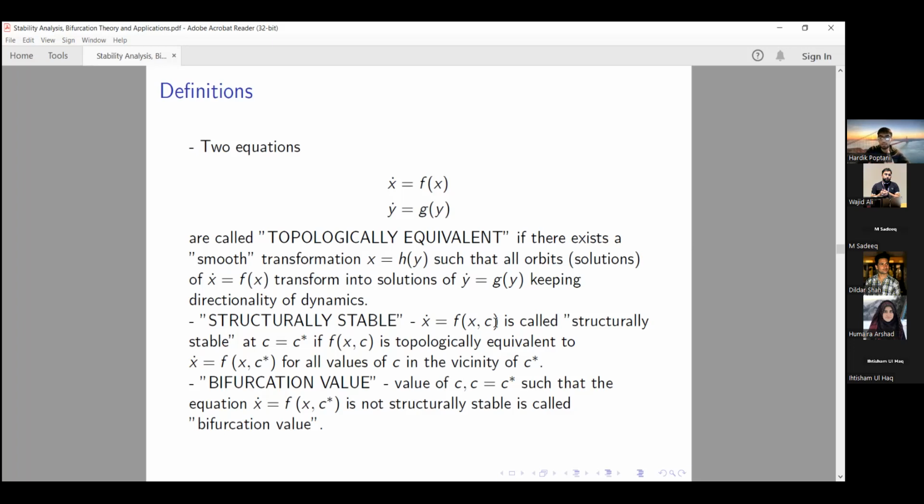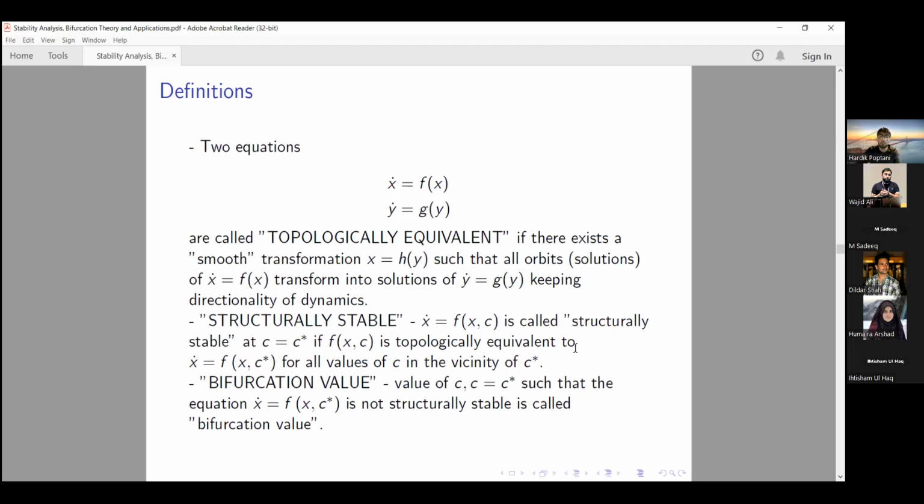Please keep in mind c is a parameter and not a variable. We will talk about that later on, if it's a variable. The system is called structurally stable at c star, the parameter value, if f of x and c is topologically equivalent to f of x at c star for all values in the vicinity of that parameter star value.